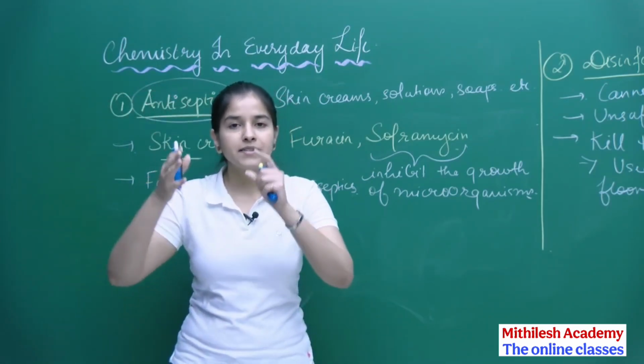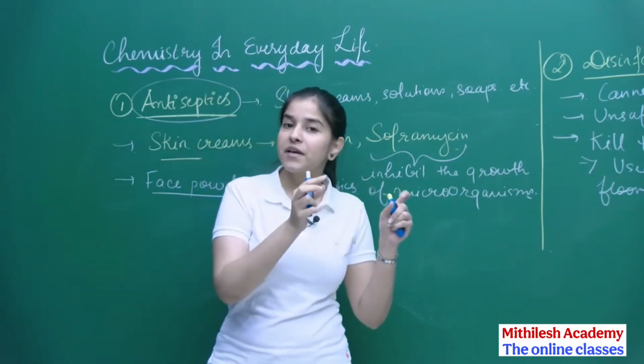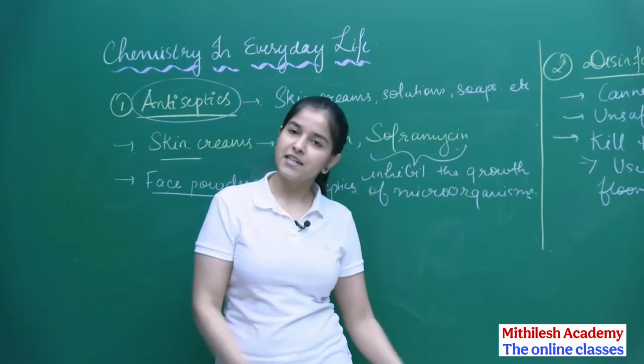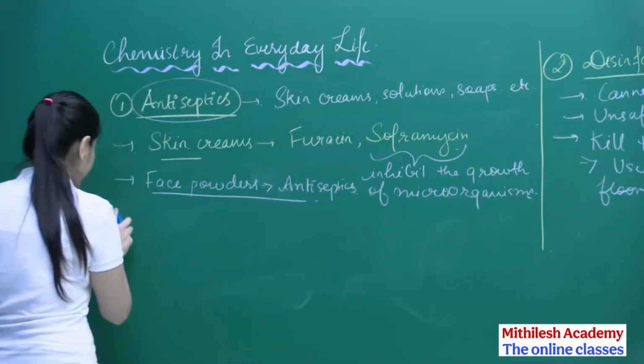Now let's move on to the difference between the two. How can I make a solution act as an antiseptic, and how can I make a similar solution act as a disinfectant? For that I would like to take an example.